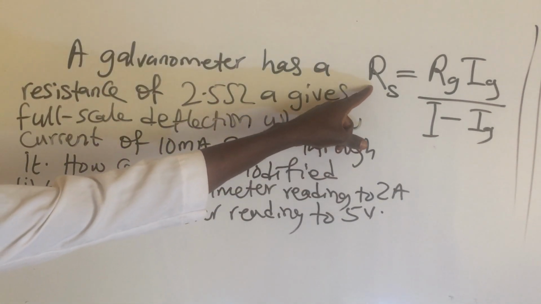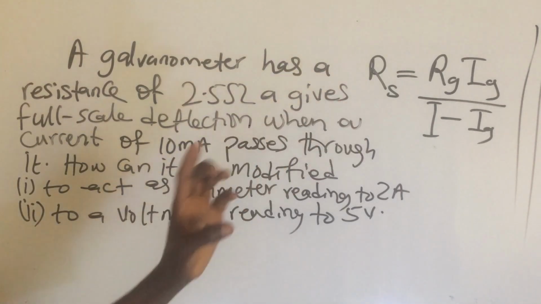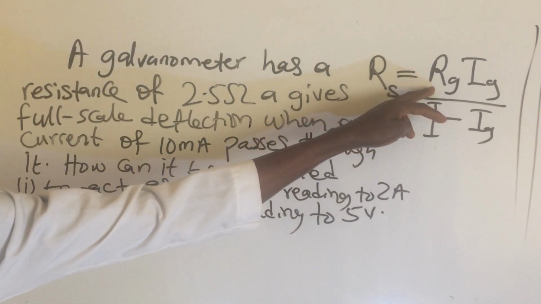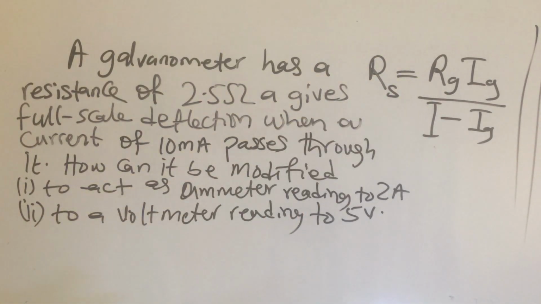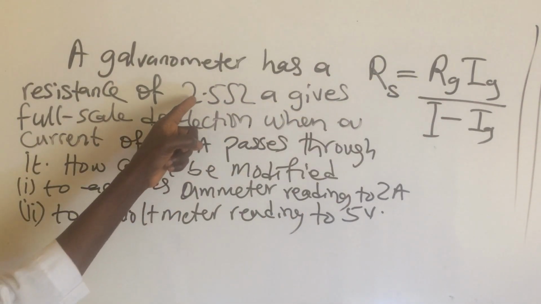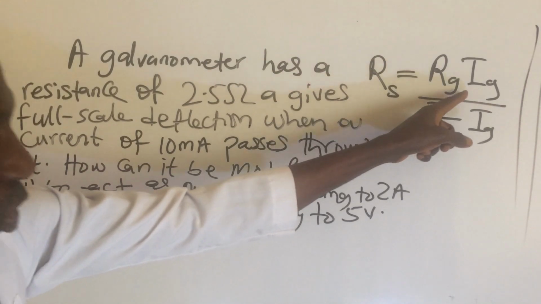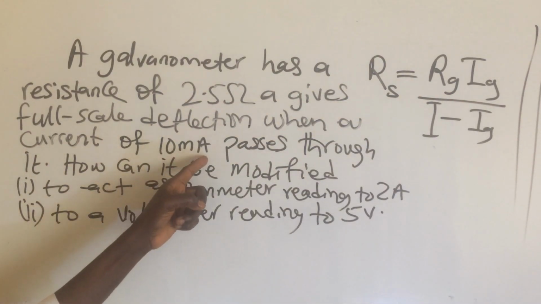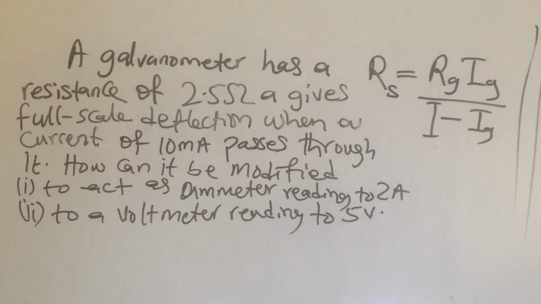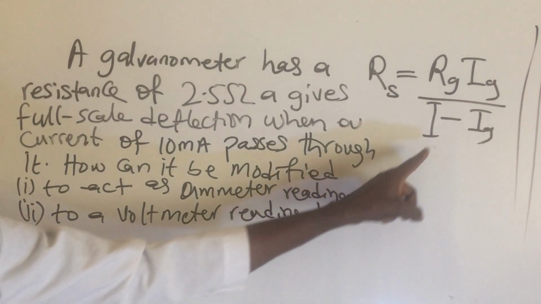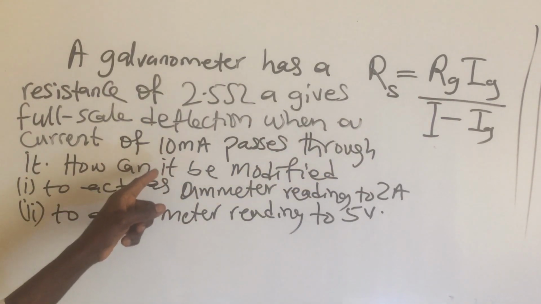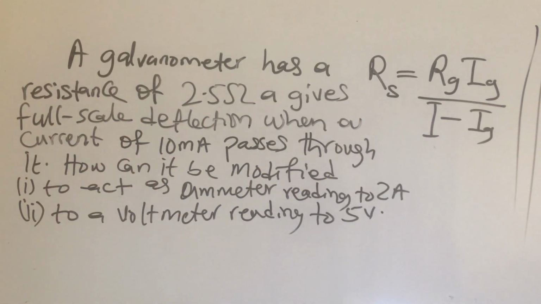So the resistance Rs stands for the shunt we want to calculate, equal to the resistance of the galvanometer, which has been given here to be 2.5, times the current that the galvanometer can measure, which is 10 milliampere, all over the main current we want it to measure now, which is 2, minus the current of the galvanometer, which is still 10 milliampere.